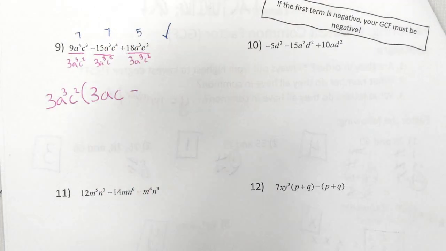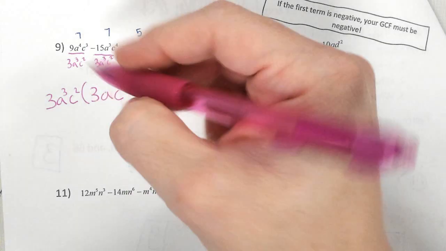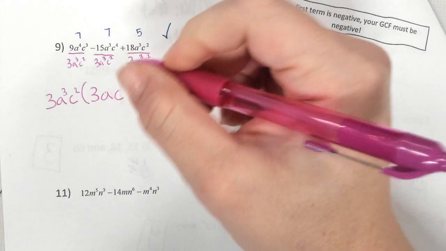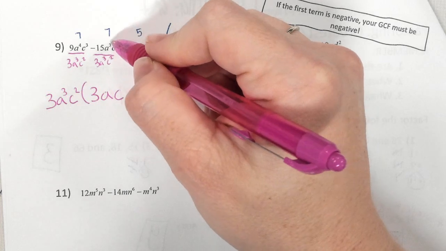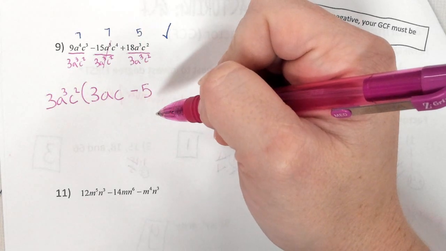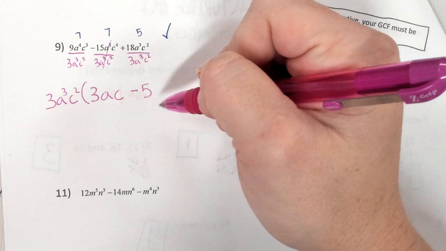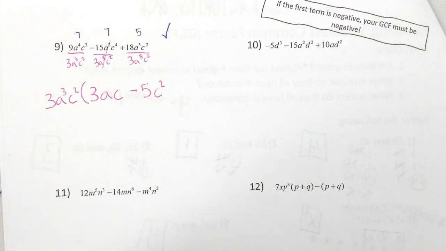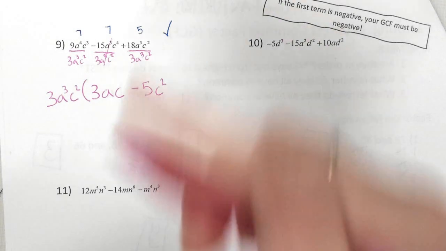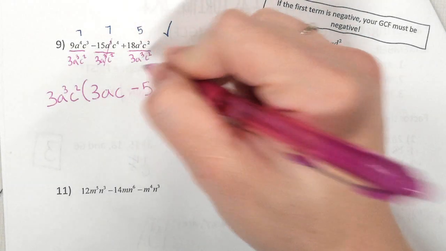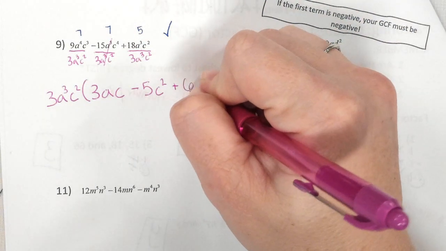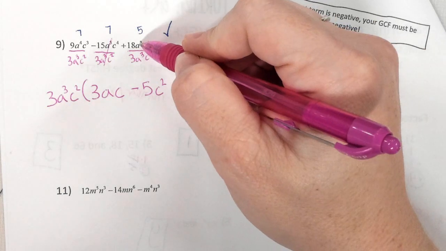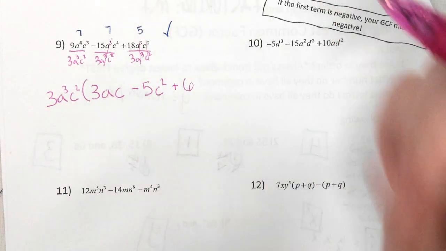Minus, what's 15 divided by 3? 5. And then A cubed over A cubed, those cancel or become 1. And then 5 times 1 is just 5, so I'm going to leave it. And 4 minus 2 is 2. Plus, what's 18 divided by 3? 6. And then the A cubes cancel, the C squareds cancel.